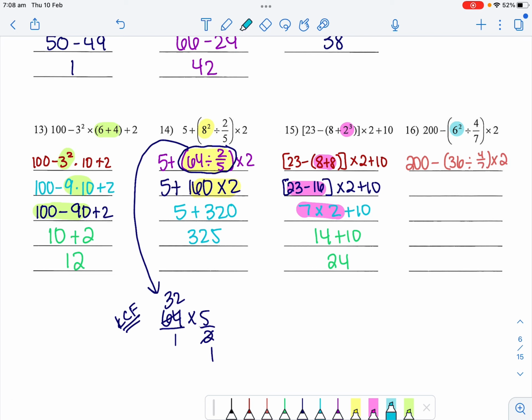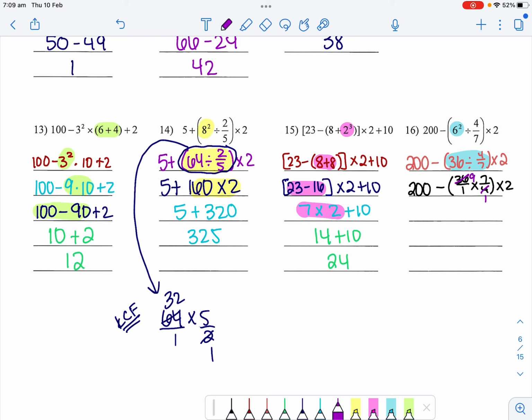So now I'm going to evaluate my fraction division. So I can do it right here. So 200 minus, this is going to be 36 over 1 times 7 over 4 times 2. So I can do, this is 9 and this is 1.